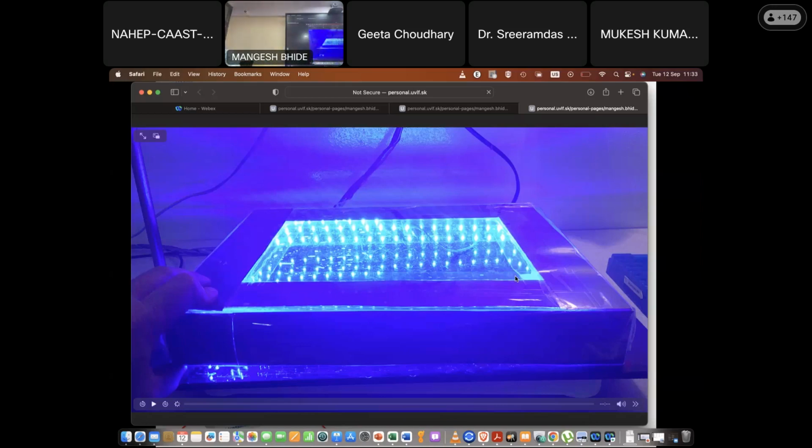Okay, so this is just a plastic box, and under that plastic box inside I have put blue LED lights, a strip of blue LED light. Blue is 488 nanometer. You can see the back side of the strip, the nanometer. Each LED color has its own specific wavelength.